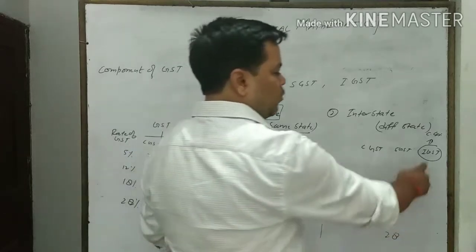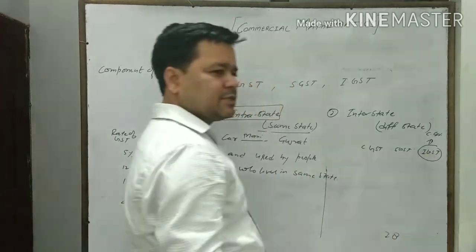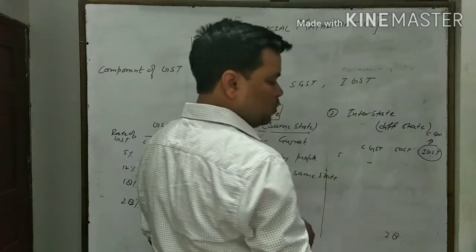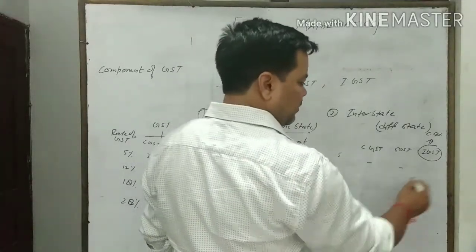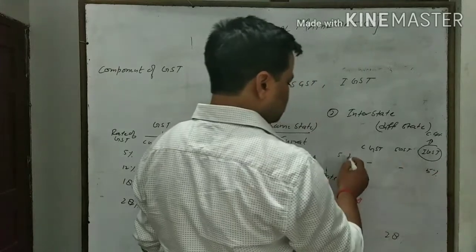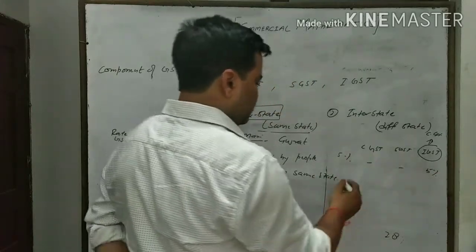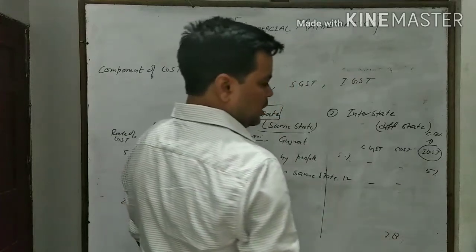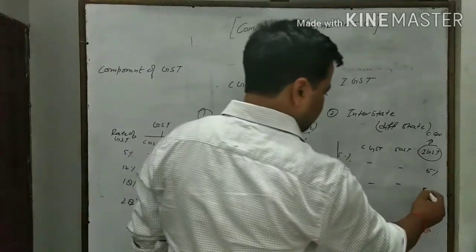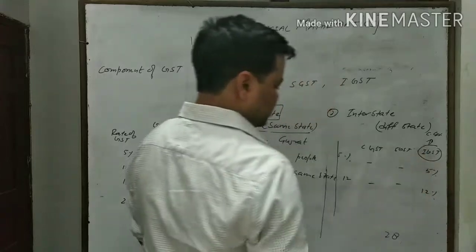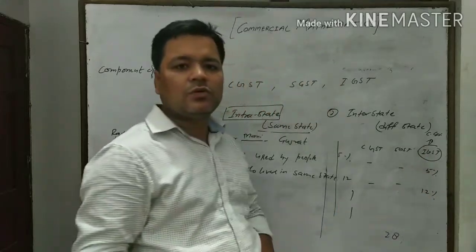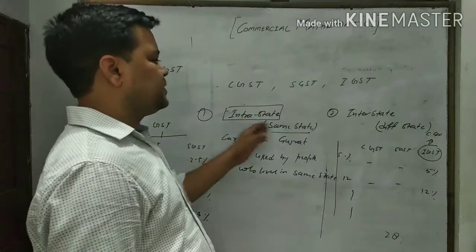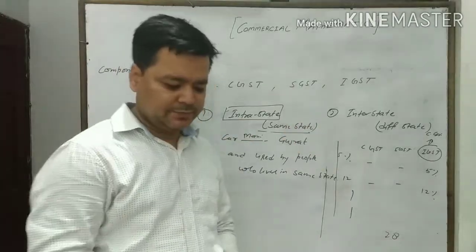Only IGST should be calculated. It means if we have 5%, then no amount will be distributed. Finally 5% goes to the central government. Similarly, if 12%, then CGST and SGST will not be divided, and 12% finally goes to IGST, and similarly for others. I think you understand the difference between intra-state and interstate.